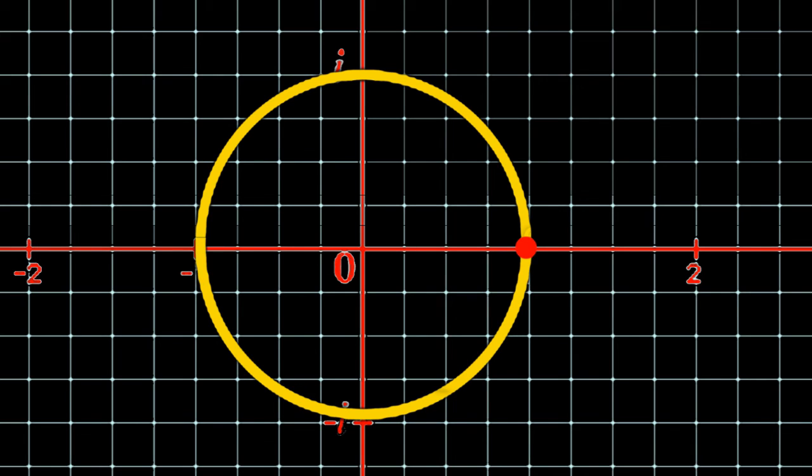You know that you want to get to i, so you just have to move 90 degrees times i. Well, what's 90 degrees? 90 degrees is pi over 2 radians.